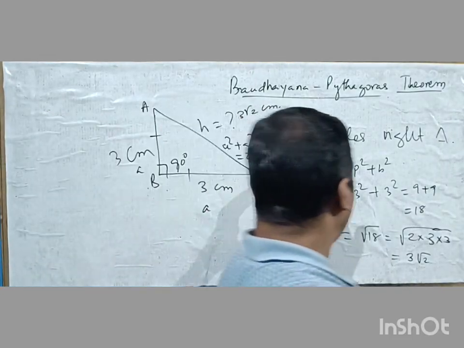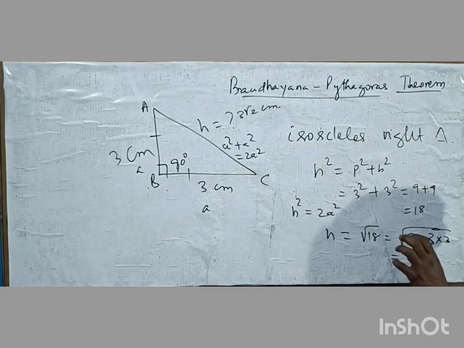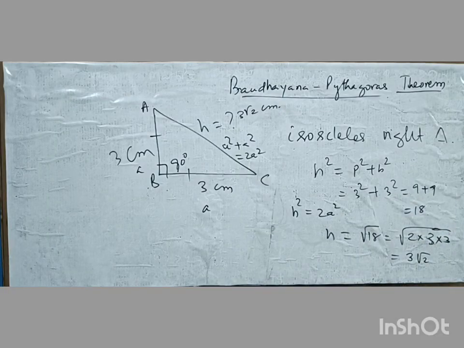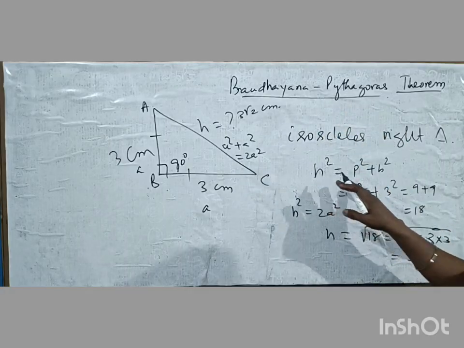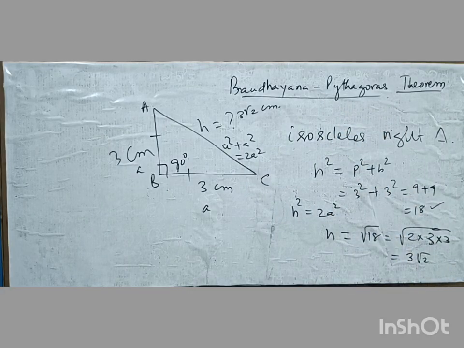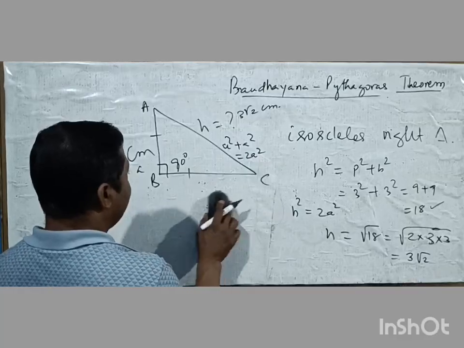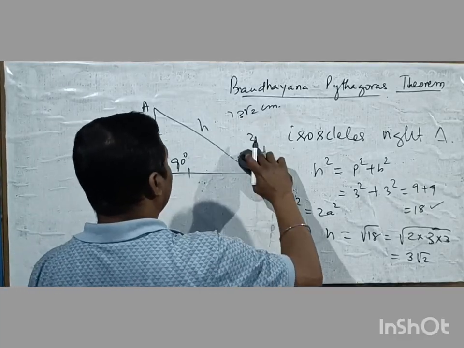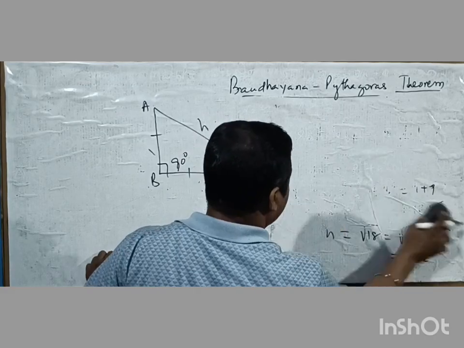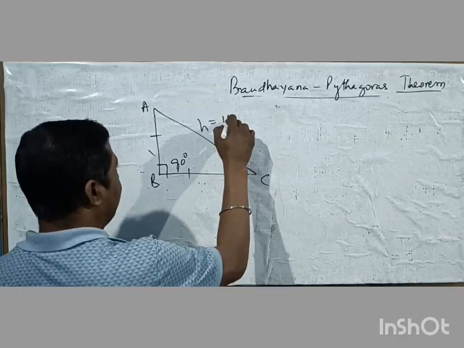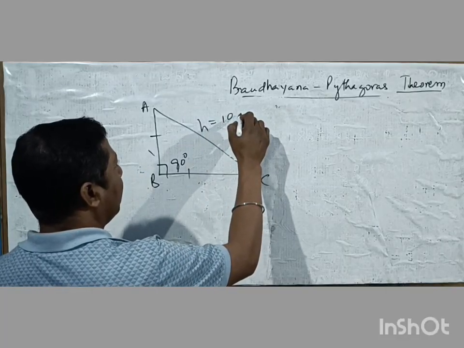So you can calculate in this way also, and this is the formula to get the result quickly. But if you have forgotten the formula, you can use the Pythagoras theorem to get this value after a few seconds. Suppose in an isosceles right angle triangle the hypotenuse is given as 10 cm.